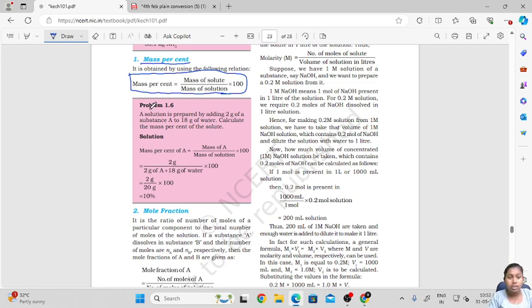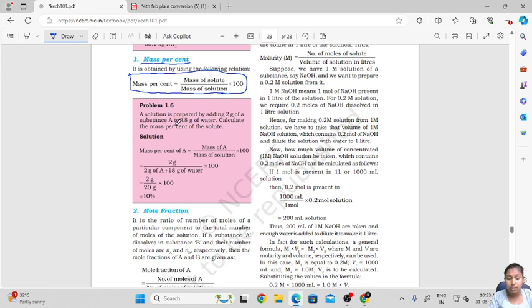Here it is said that a solution is prepared by adding 2 grams of substance A. So mass of A is 2 grams, divided by the mass of solution, which is 2 grams of A plus 18 grams of water. That is the mass of solution, because 2 grams of substance A was added to 18 grams of water.